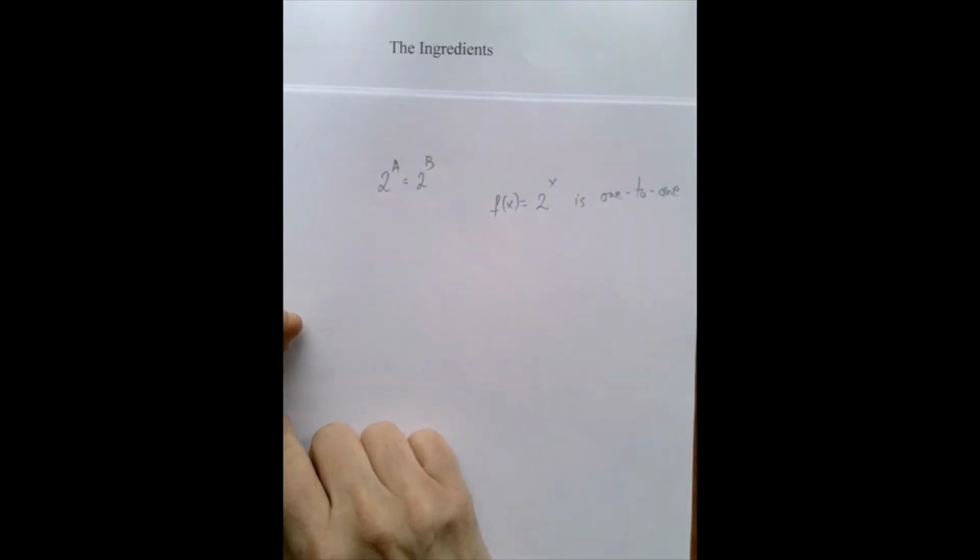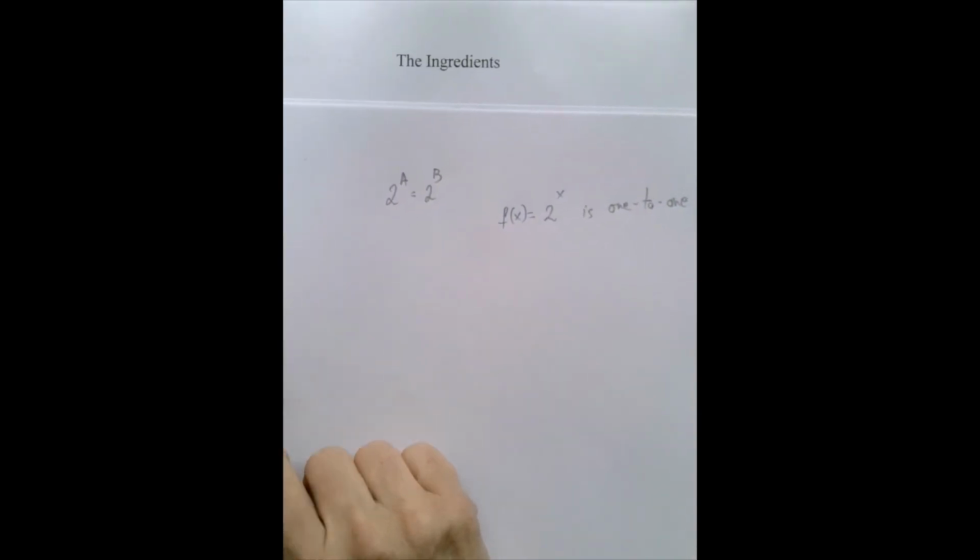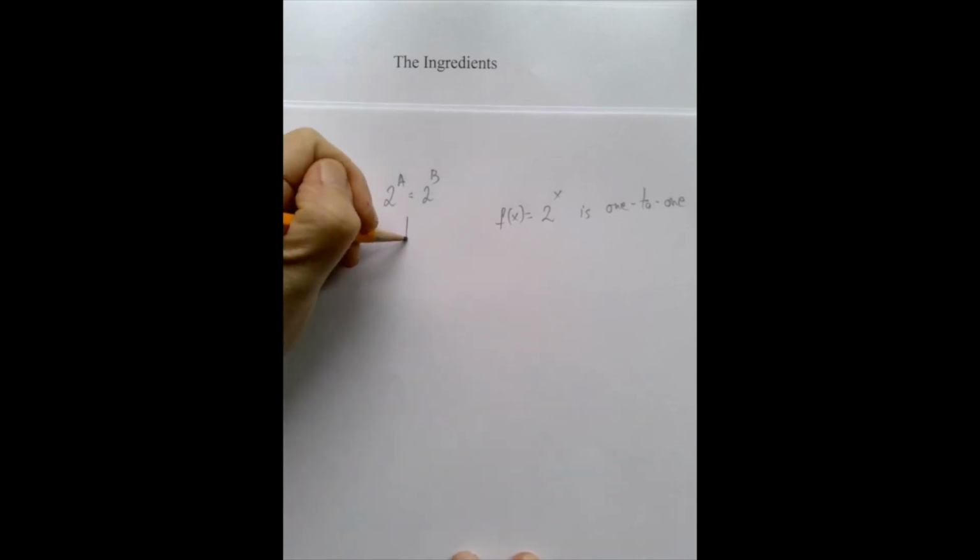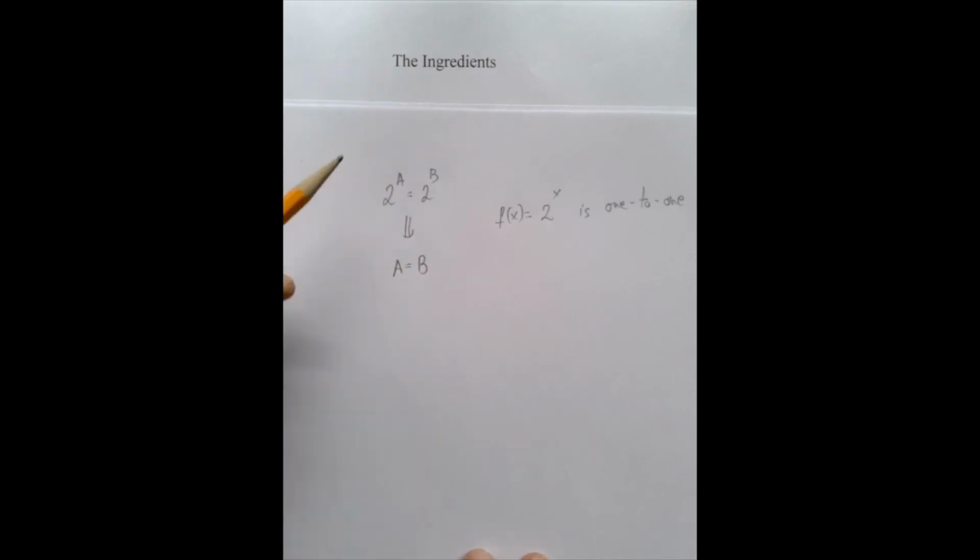Which means, well, there are two ways of looking at it, really the same, that if a and b are different, then 2 to the a and 2 to the b also must be different. Or in other words, if two powers are equal to each other, then we can conclude with certainty that the exponents themselves must be the same. So this step is what we're going to use today.